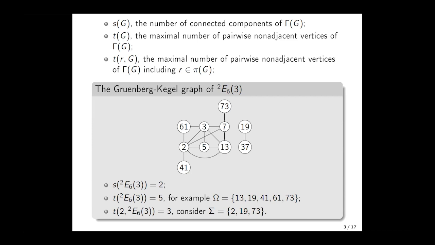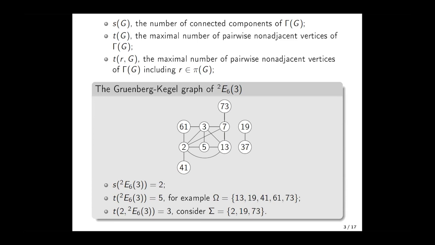For example, you can swap 19 with 37, but you cannot add any vertices without breaking the non-adjacency relation. For the 2-independence number, for example, we have a co-clique 2, 19, 73, and it is also not unique. More complicated examples will be considered a bit later, but to give you some intuition, I provided this example. So I introduced this notation.